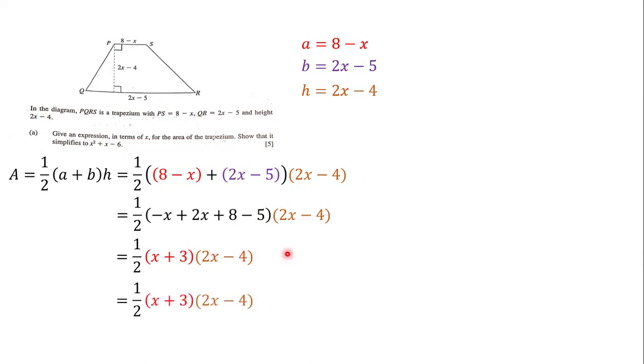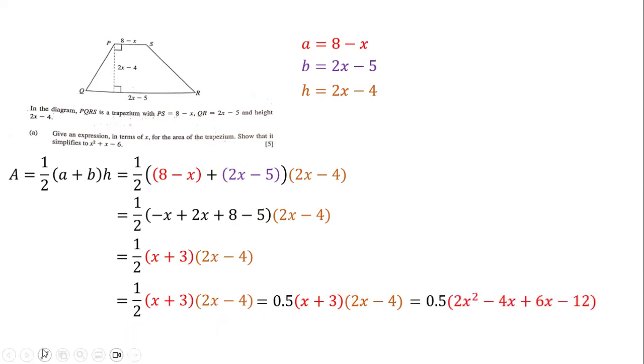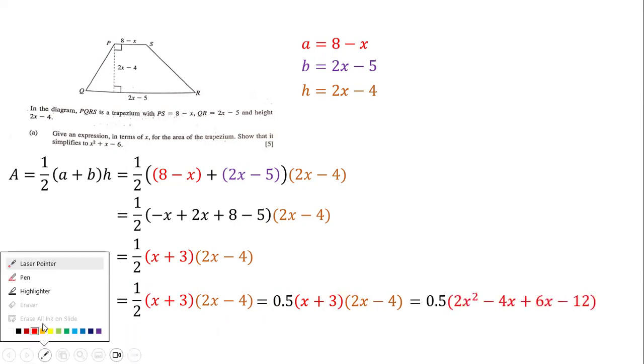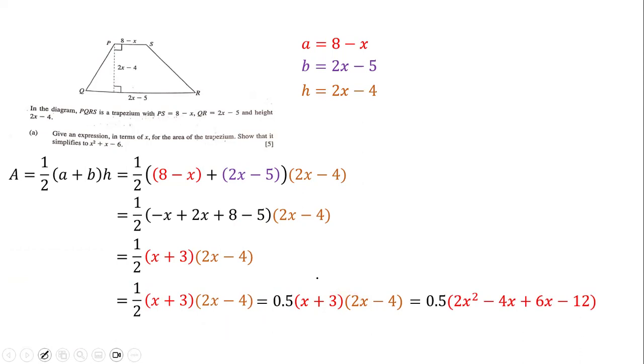Next, we have to simplify. We take 1 over 2, and 1 divided by 2 is 0.5. So we have 0.5 multiplied by (X plus 3) and (2X minus 4). Now we're going to distribute and multiply these two expressions.